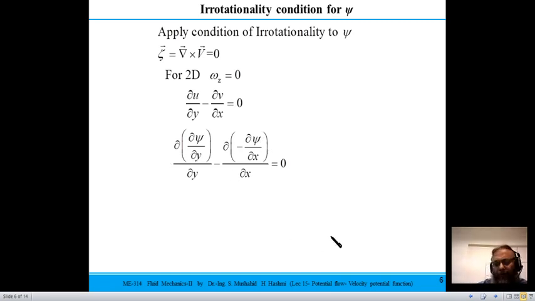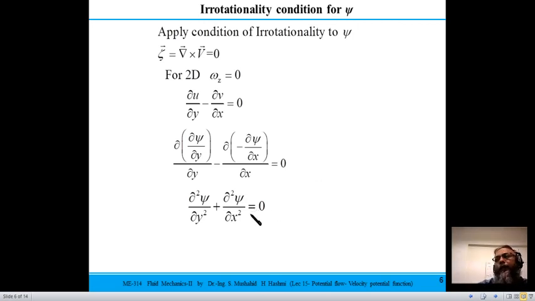Then we simplify this. So what do you end up with? You end up, another time, with a differential equation called Laplace's equation. But this time it is in terms of the stream function, not in terms of the velocity potential function phi.